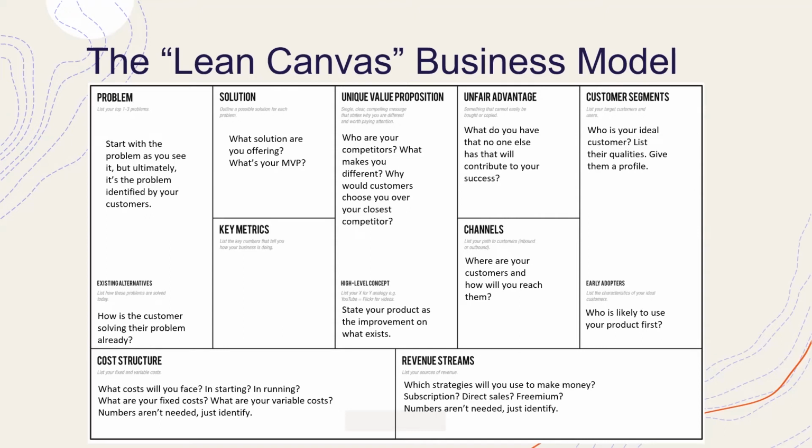Then we come over to key metrics. What are the signals, the numbers that will tell you how your business is doing? So you don't need those numbers in this space, but what you do need is a list. And it's not just sales. Will you measure success in your business by the number of times people return?